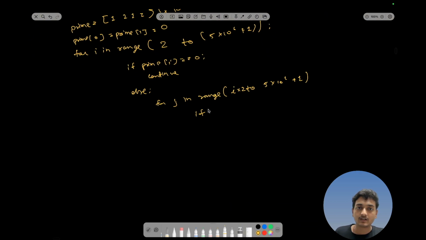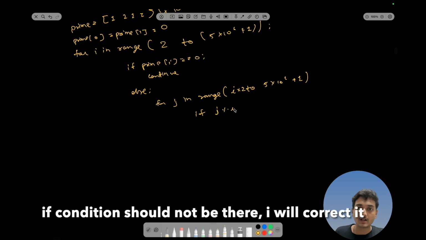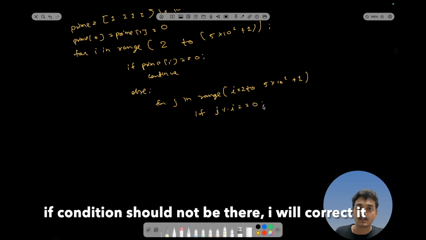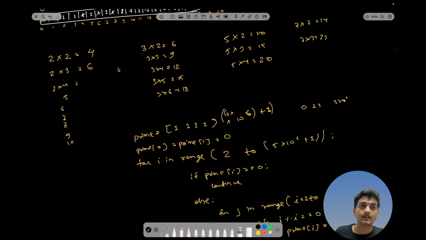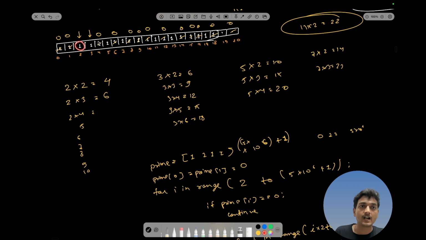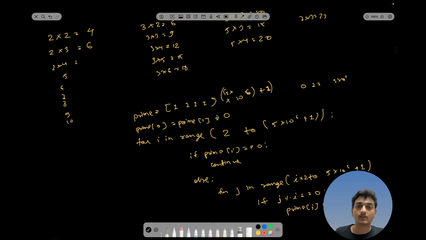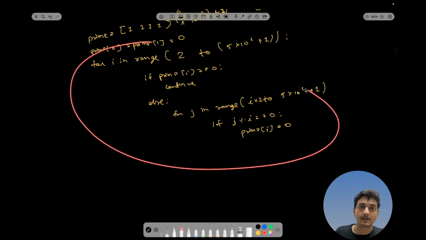So if j modulo i equal to 0, then I can say that prime of j is not a prime number. That way, if I start from here, I will be making that 0, 0, 0, 0, 0. I hope you got what we are doing in this part.